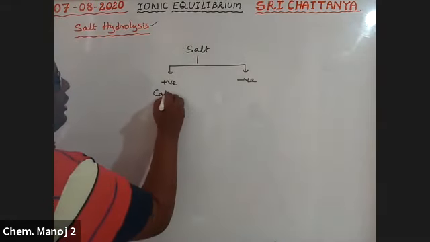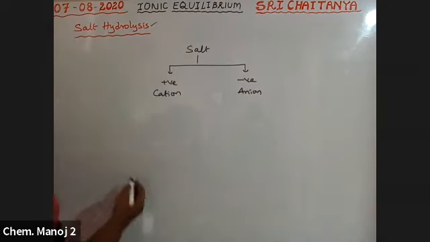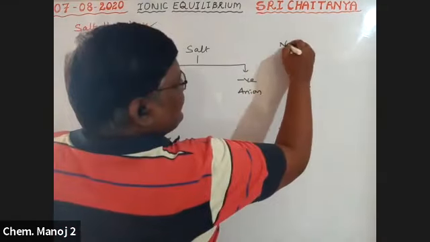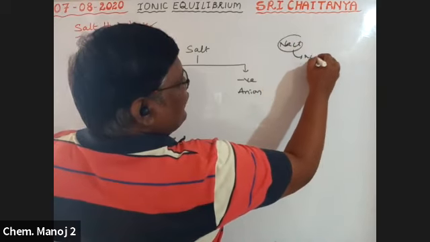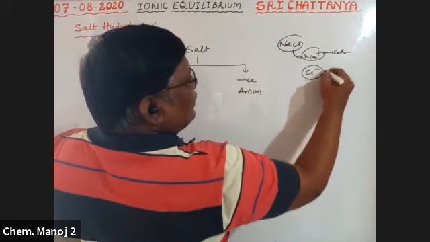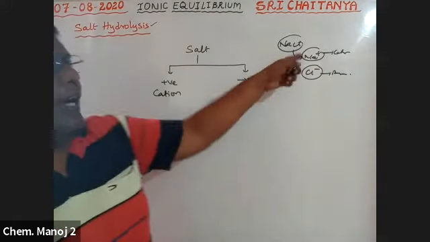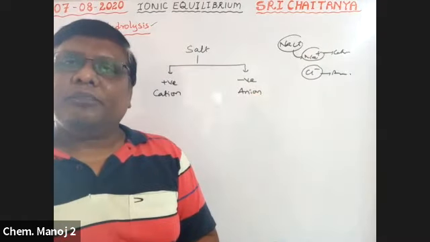Positive ions are called cations and negative ions are anions. Let us take an example: NaCl. It is a combination of Na+ ion and Cl- ion. This is a cation, this is an anion. That means salt has two ions, one positive and one negative.